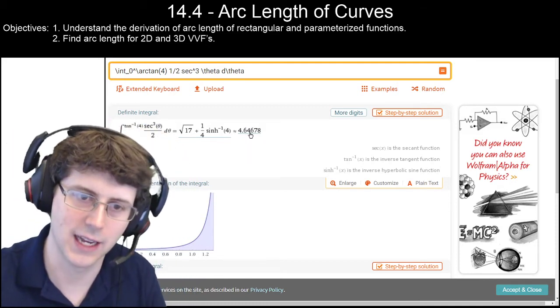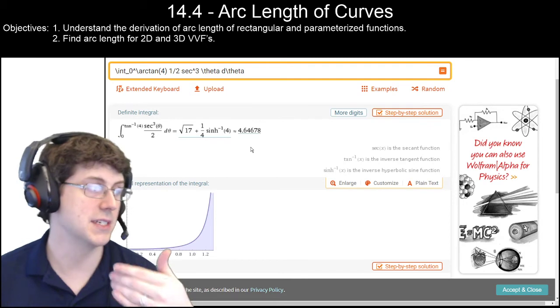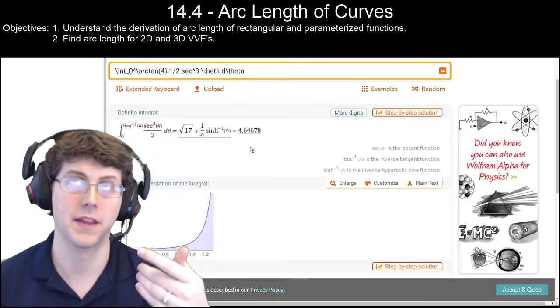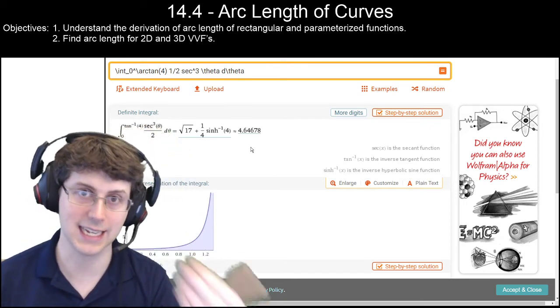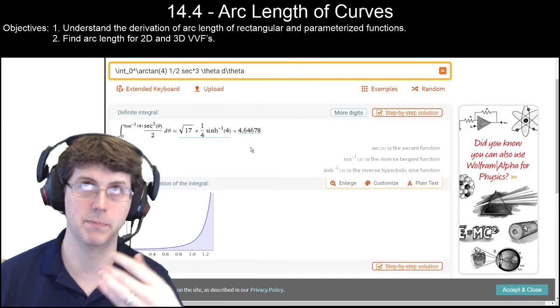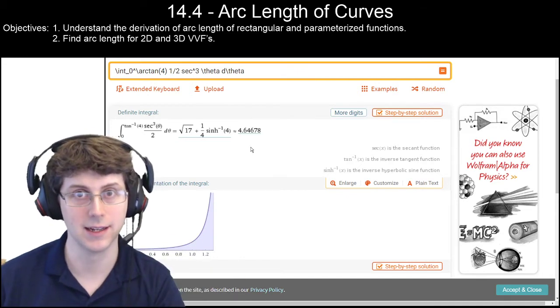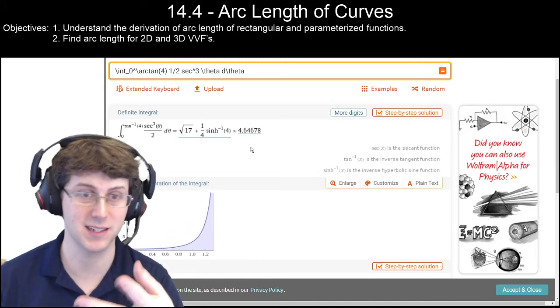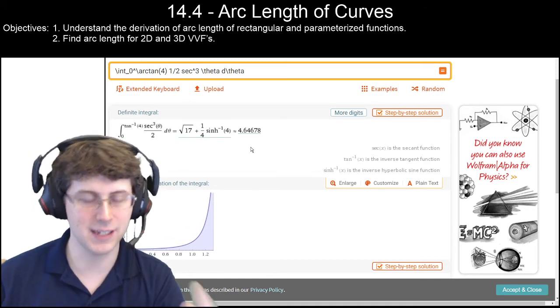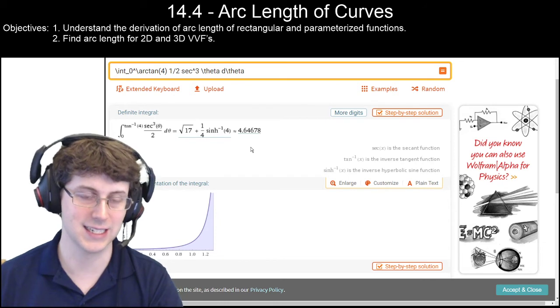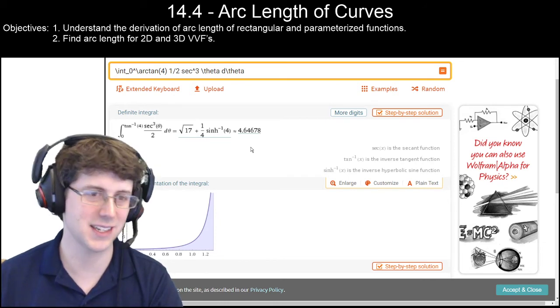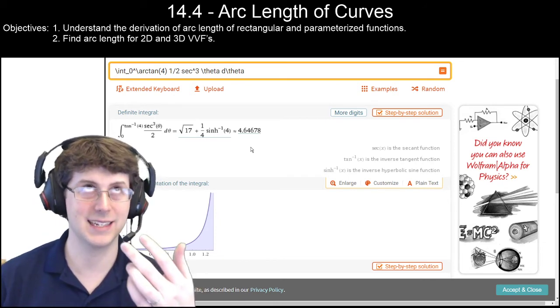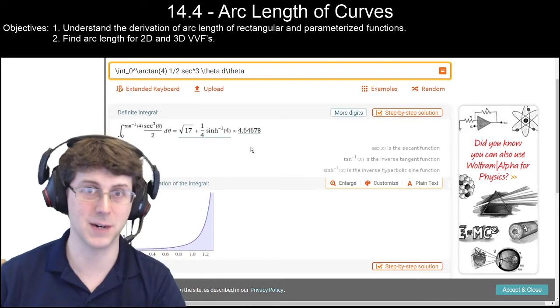Nice, whatever. In most situations I would prefer that we see an exact answer, because the exact answer contains more information than an approximation. This 4.65 that I'm going to write as the final answer is an approximation. However, in the case where the exact answer is essentially impossible to read, we lose a lot of the benefit of writing the exact answer.